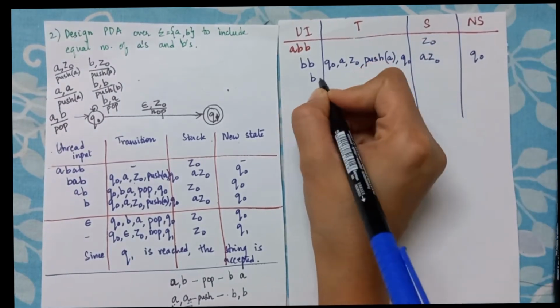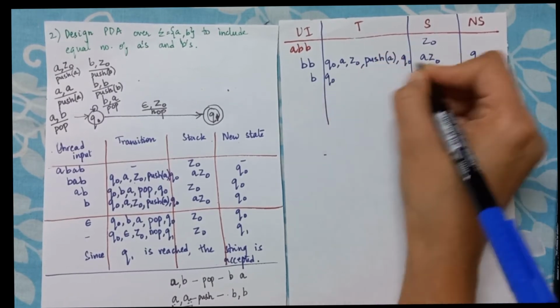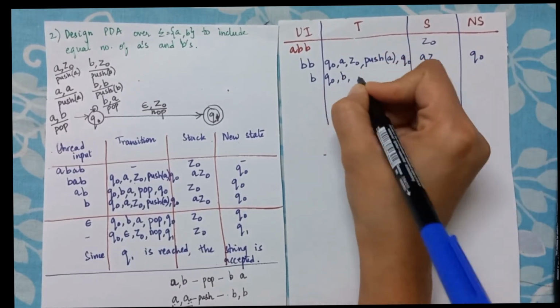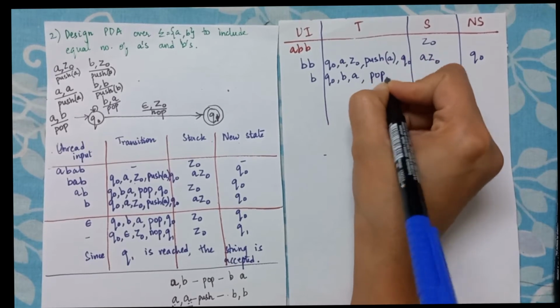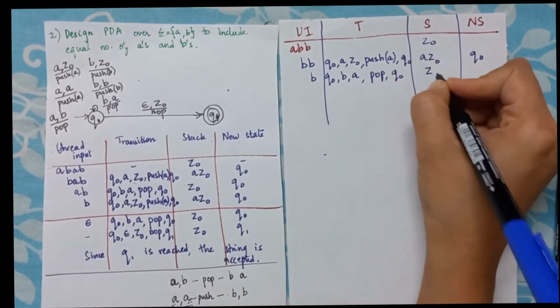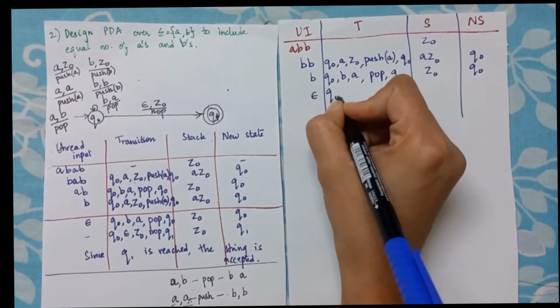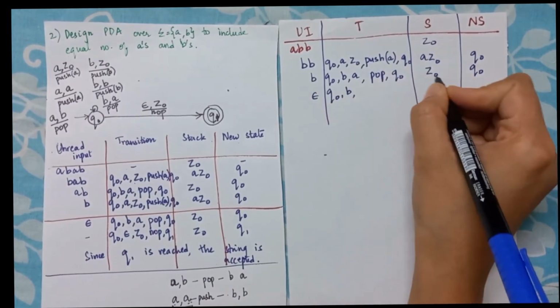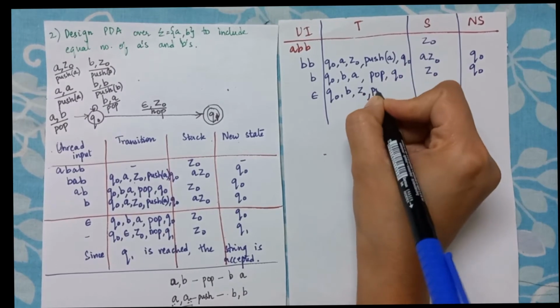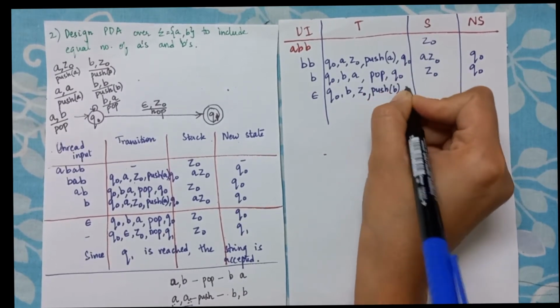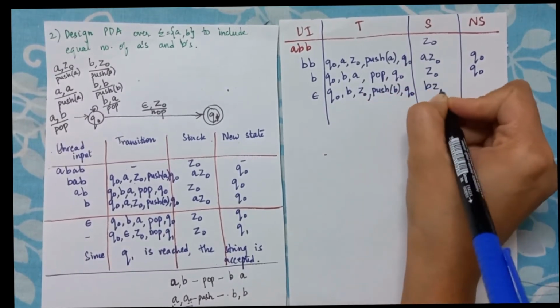Then I'm reading a B. Q0 with stack top A. So B comma A, it's a pop. I remain at state Q0. Z0 only will be remaining. I read B. B with Z0, push B. So I get B, Z0.